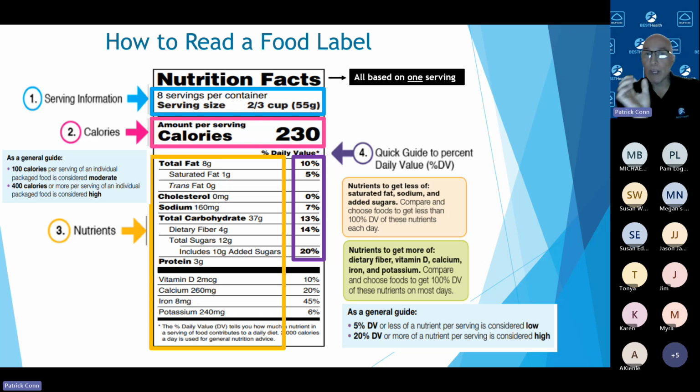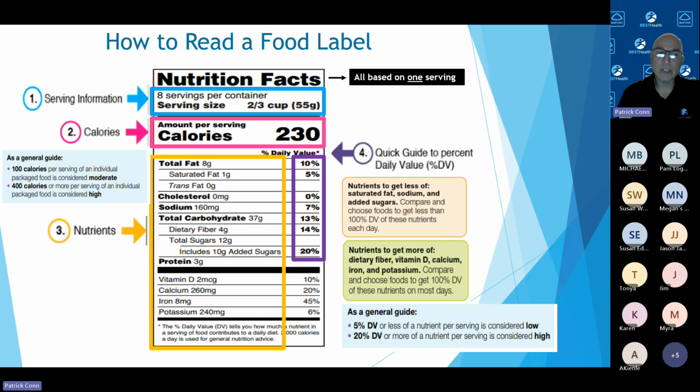Okay. Now, what you want to do when you're reading the food label, you want to use the percent daily value that you see that I have outlined in purple to compare foods and to choose products that are higher in nutrients that you want to get more of and lower in nutrients that you want to get less of.